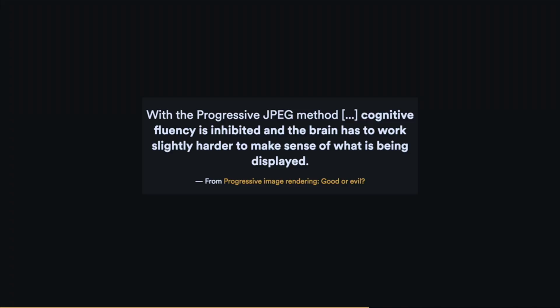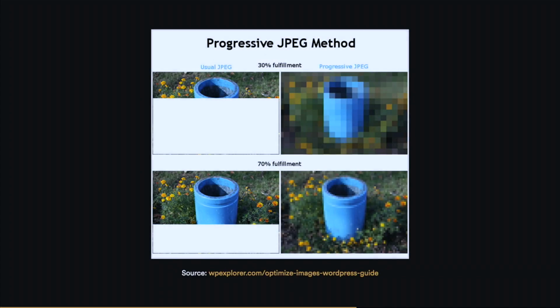In practice, there's a study that I found, the only study that I've seen that carried out this research, that said that cognitive fluency is inhibited and the brain has to work slightly harder to make sense of what's being displayed. So these progressive images are a bit harder for the user to process. And only 7% of the JPEG images used on the web are progressive, only 7%. So that tells us something.